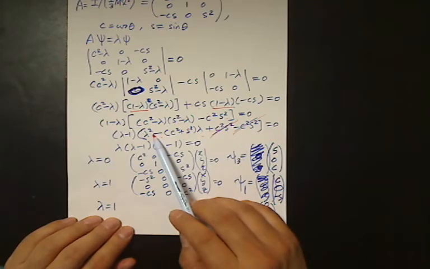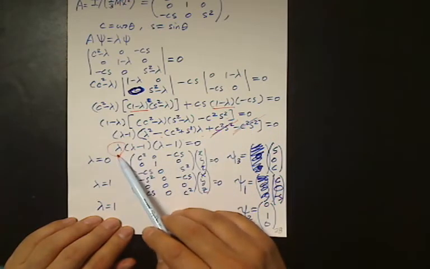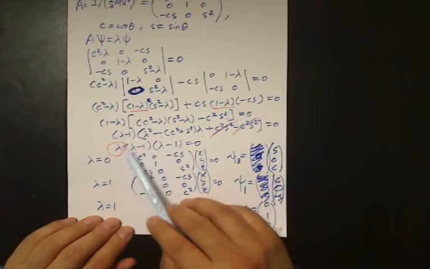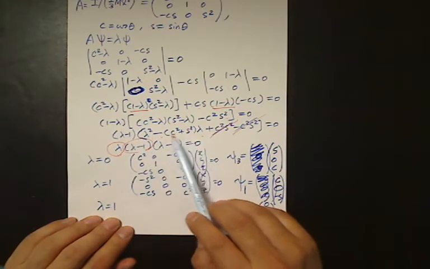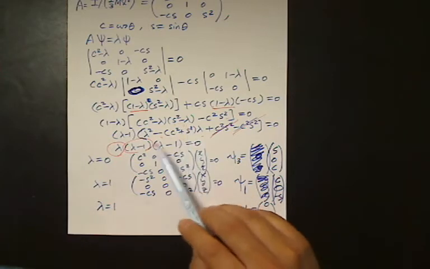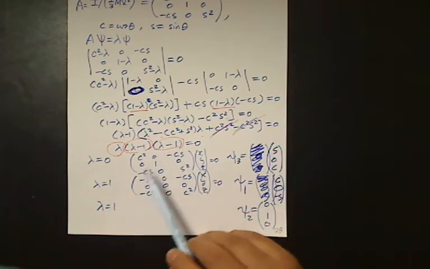We can factor lambda out, so we have lambda minus 1, and again sine squared plus cosine squared is 1, so it is lambda minus 1 squared. So this is a doubly degenerate state.